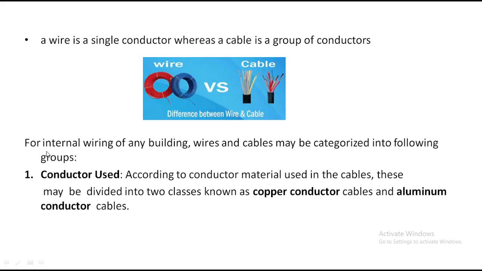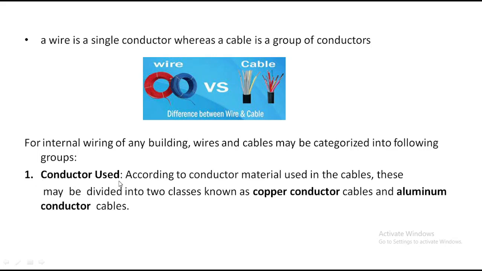For internal wiring of any building, wires and cables may be categorized into the following groups. Depending on the application, we have a number of cables and a number of wires, so we can divide these cables and wires. First point is the conductor used.